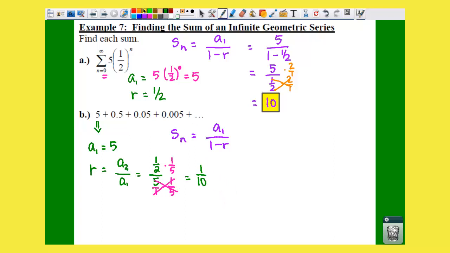So we have our a, we have our r, so we're going to plug these in. We're going to say our first term, which is a 5, divided by 1 minus your ratio, which is 1/10. So that will give us 5 divided by 9/10.